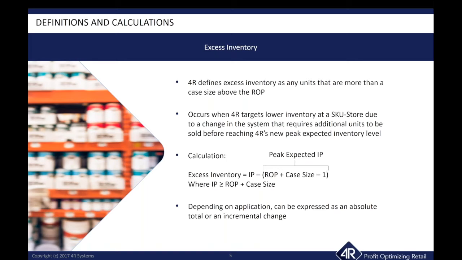So the maximum inventory level we would expect at a SKU store is the reorder point plus a case size minus 1, which we will call the peak expected inventory level. And any units above this peak inventory level we call excess inventory units. And as with the order bubble, we will express the excess inventory in terms of an absolute change or a relative change depending on the application.